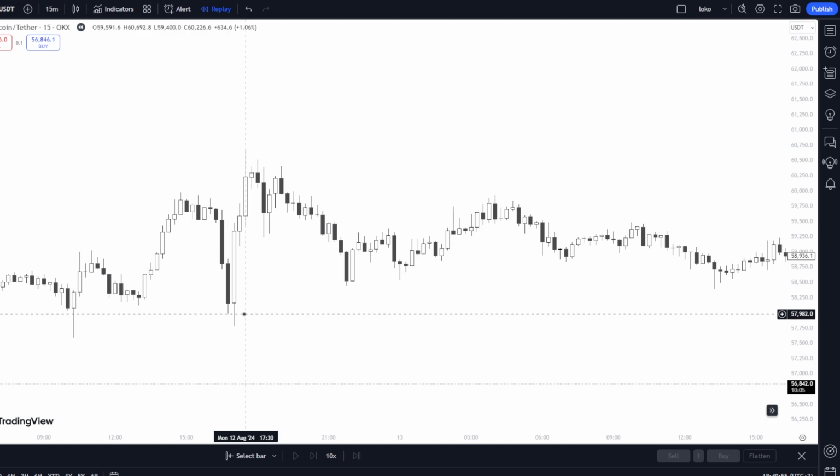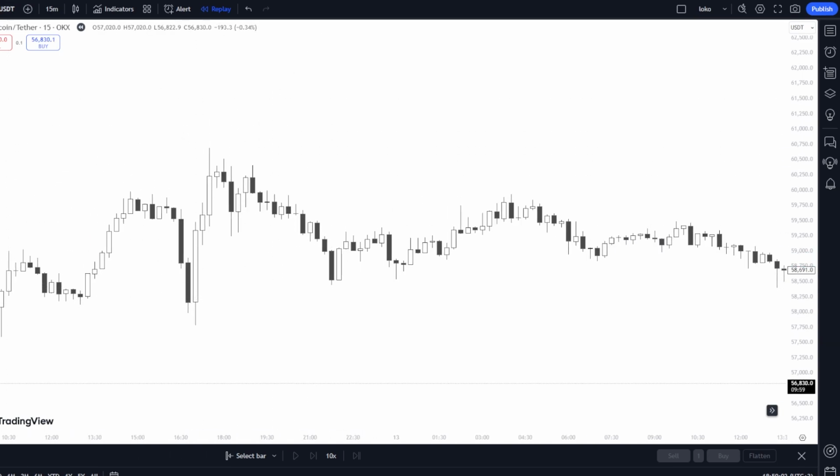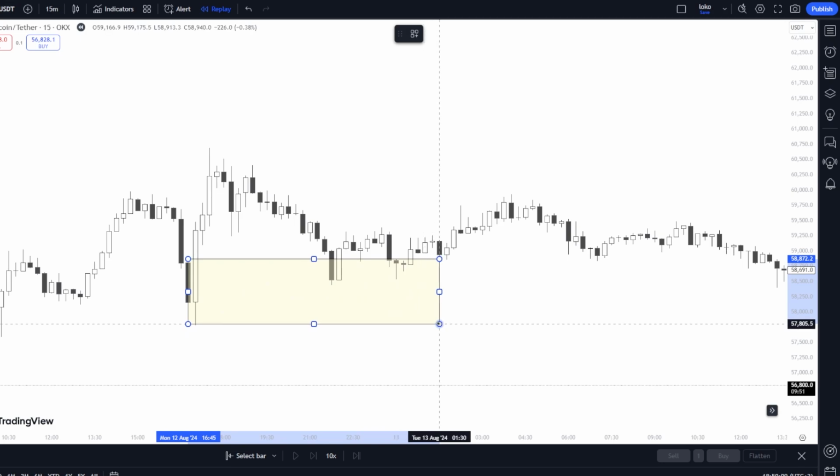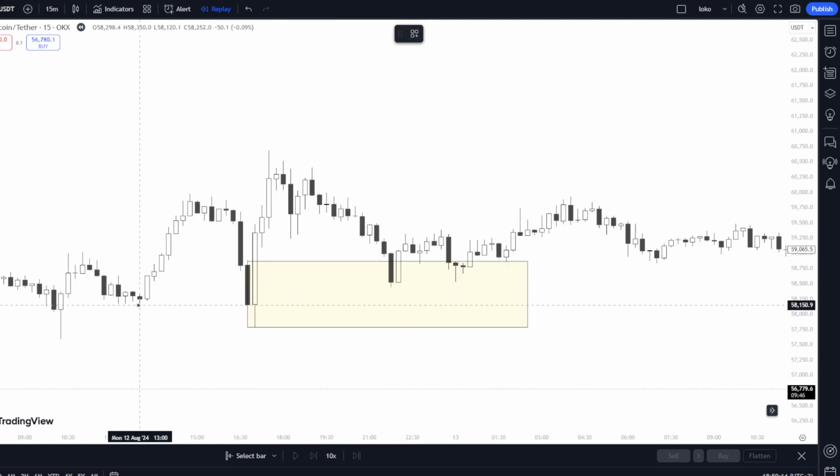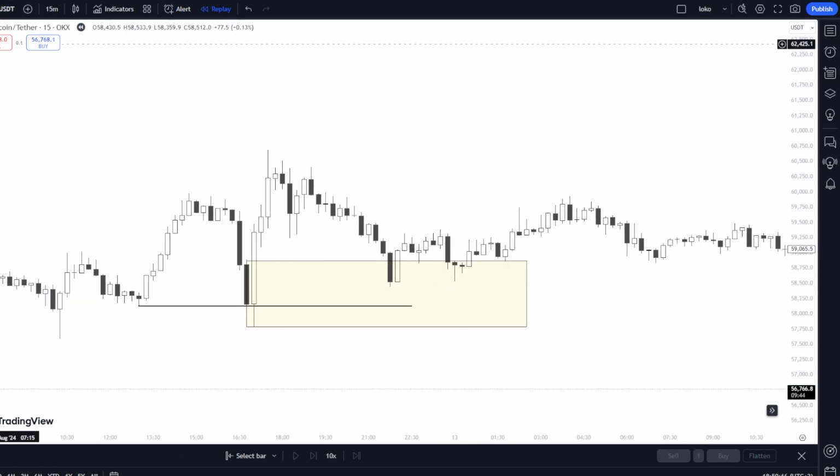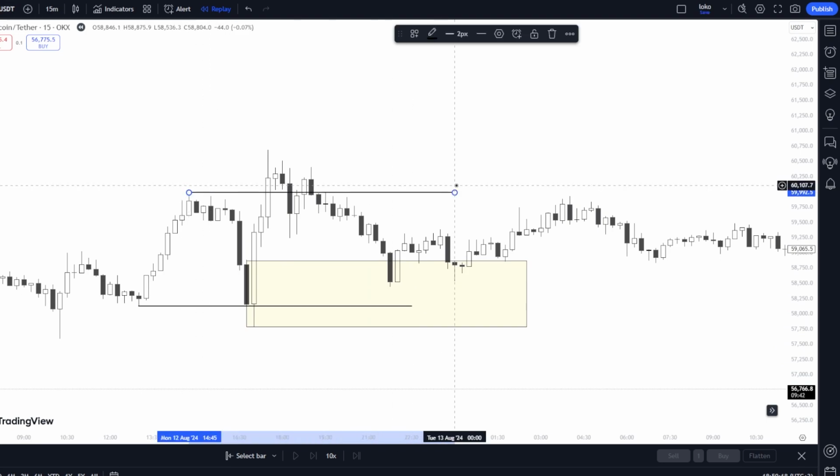But what to do in situations when the takeover was lower than our order block? You need to determine it from the top candle to the lowest. So here we can see capturing of liquidity, and after that, a break of structure with confirmation of three candles.